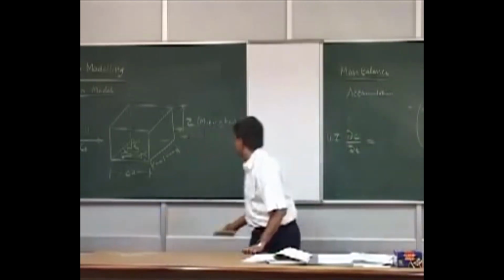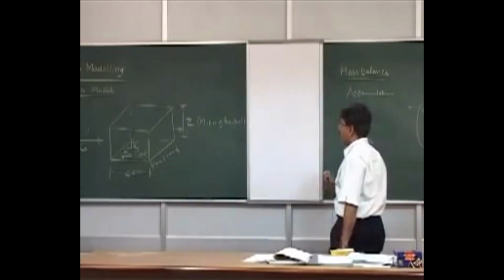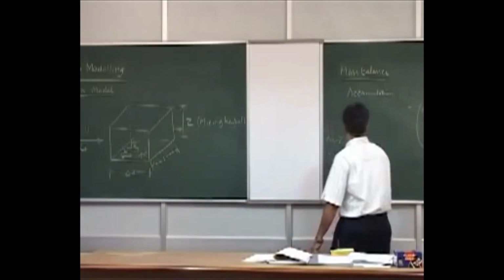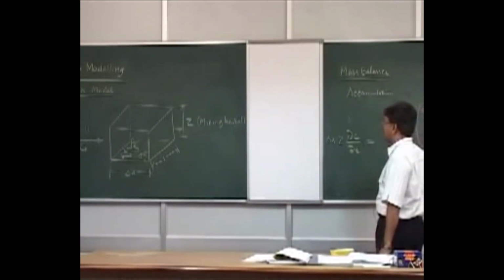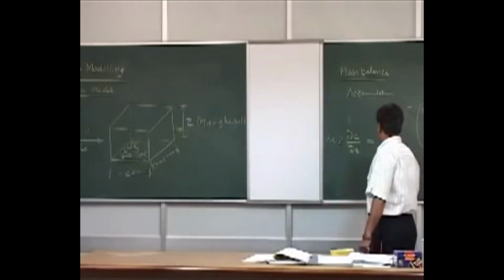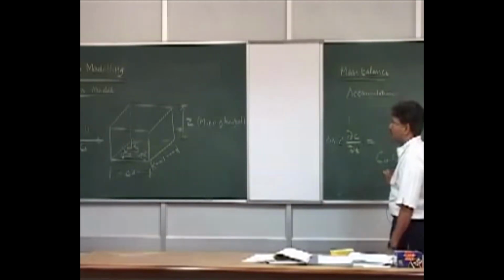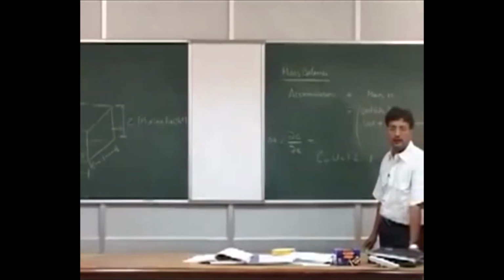I think you got it wrong here. We are inside the box, so let's take the box. Input outside the box. So how much is that coming? C naught times U times, do you agree with that?